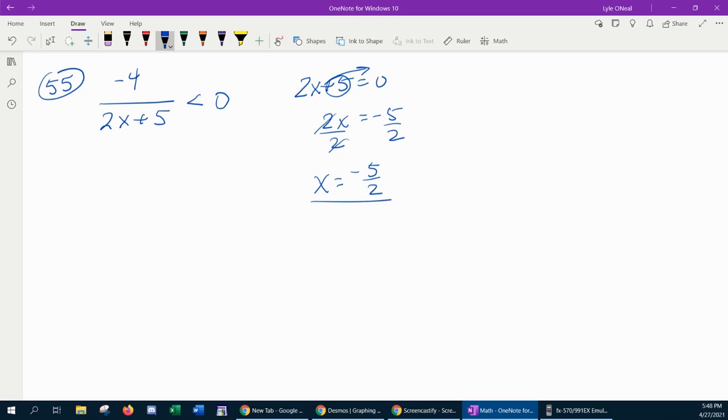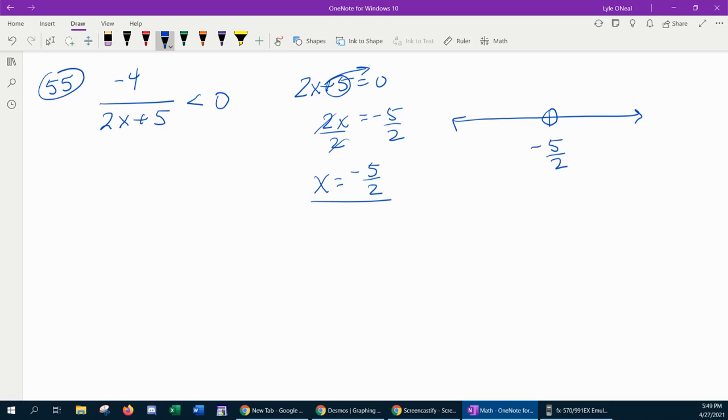Then the next step is to go to the number line with our critical points. The critical points on the number line are going to have either an open circle or a solid dot based on where they came from and the inequality. So listen close. If your critical point came from the denominator, it will always have an open circle.